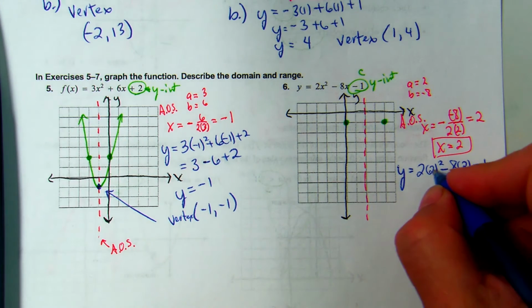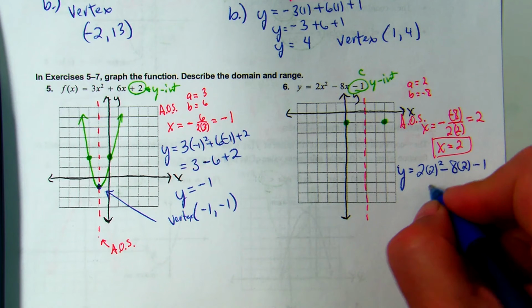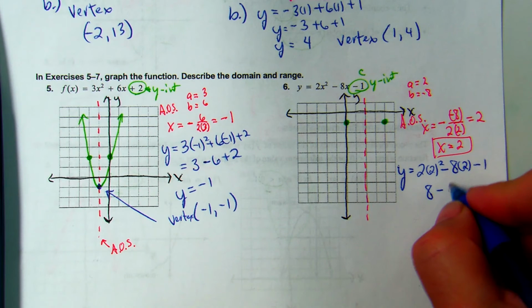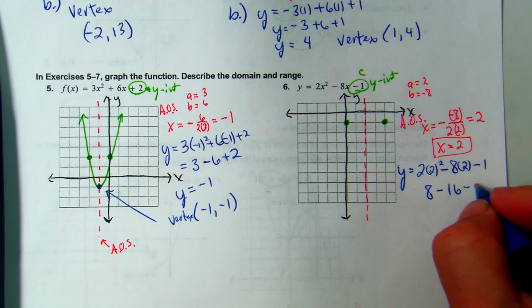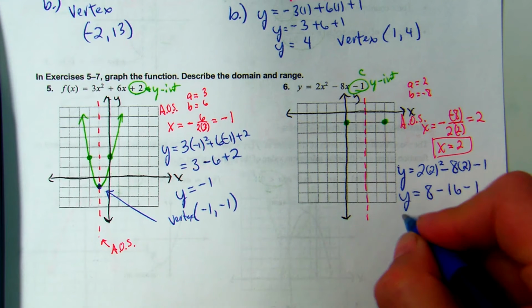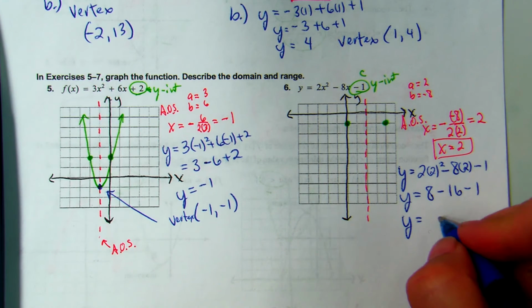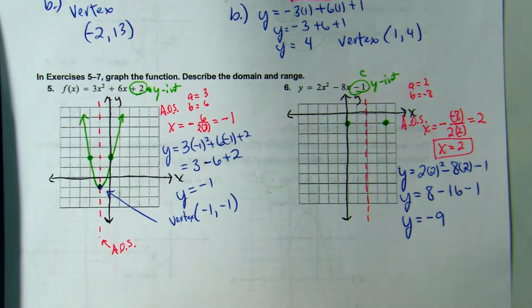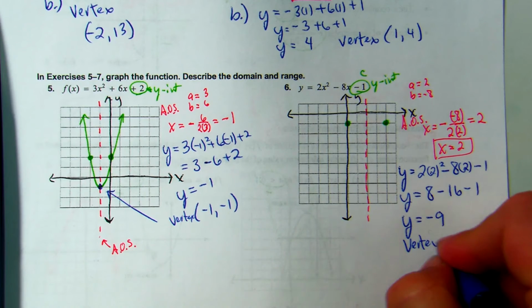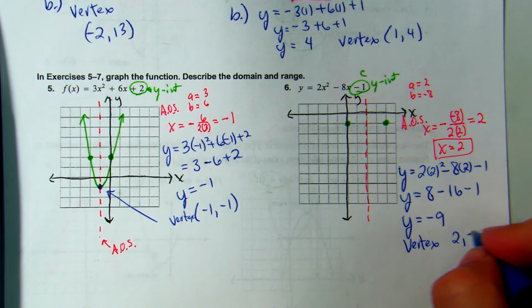Okay, so 2 squared is 4, times 2 is going to be 8. 8 minus 8 times 2, which is 16, minus 1. All right, 8 minus 16 is a negative 8, and negative 8 and negative 1 would be a negative 9. So my vertex is going to be at 2, negative 9.